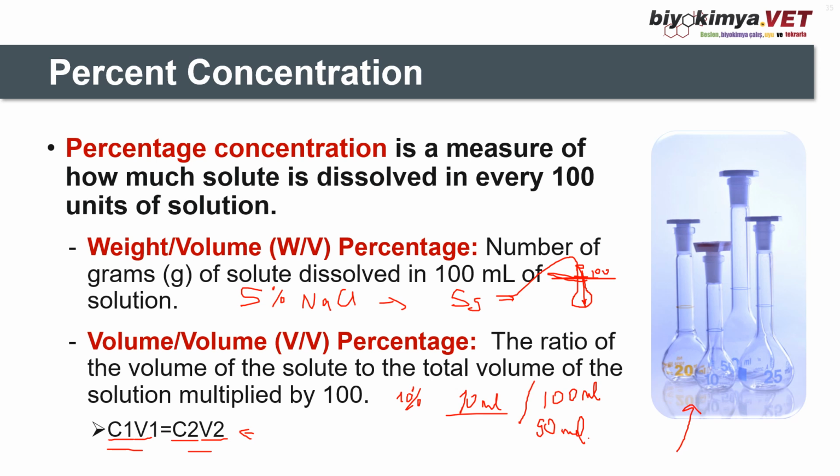And as you see here, there are different sizes of volumetric flasks, depending on our requirement, because sometimes we want to prepare just 10 milliliters for an experiment, or sometimes maybe 500 milliliters for the experiments.